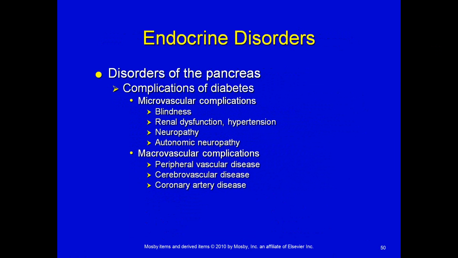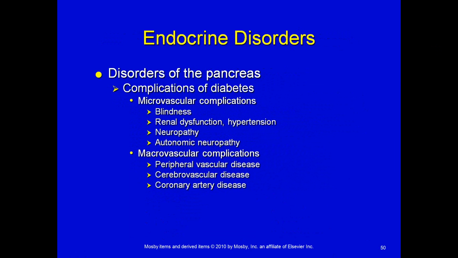Neuropathy is a destruction of the nerves, not the vessels, the nerves. A person with diabetic neuropathy can have severe pain in the feet and the ankles and the legs. It can be managed, at least the discomfort can be managed somewhat by medications.